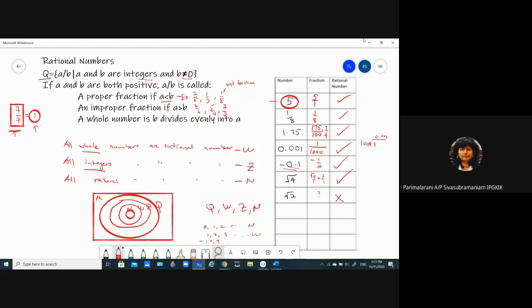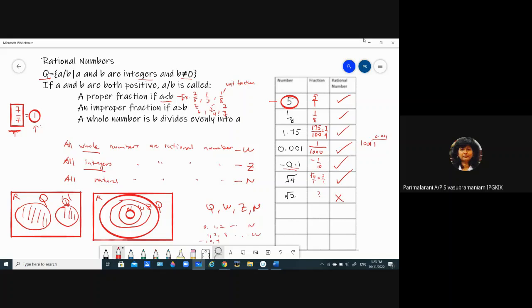Okay, so this is how it is. So R, or all real numbers, they consist of 2 types of numbers only. That is rational numbers and irrational numbers. These are rational numbers and these are irrational numbers.